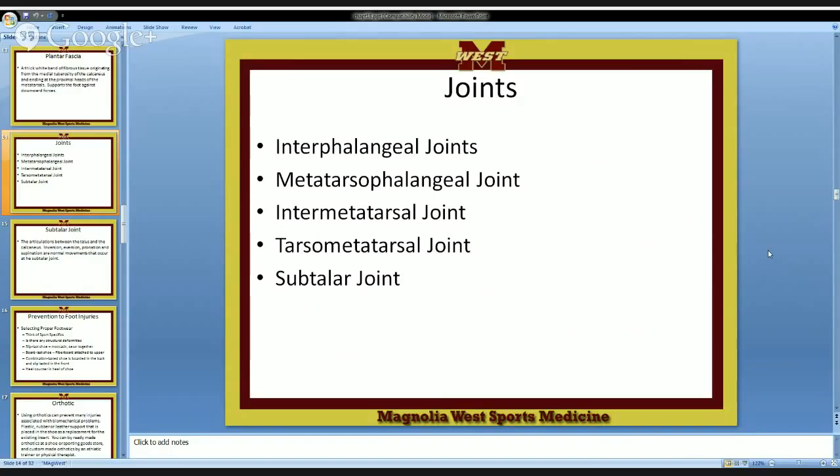So on my finger, which one is my distal interphalangeal? Right. So what do people call it? Distal interphalangeal. Your DIP. All right. So if that one's your distal, what's that one?